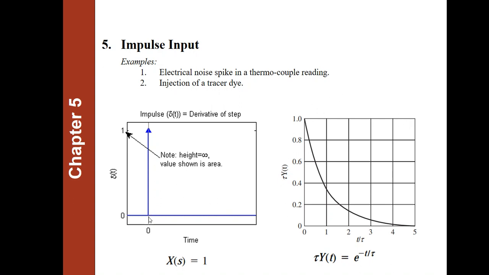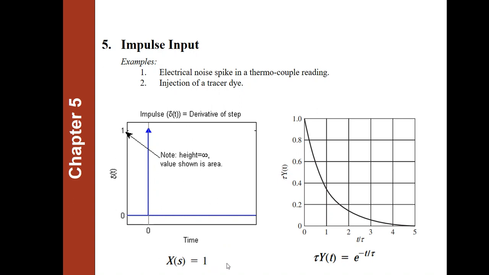Since it's something that extends infinitely upwards, the decrease in the response is really notable. It's an exponential decrease in the value of the response, because your response in this case, class, is y of t, for this particular function x of t equal to the Dirac delta function of t. So the response is e raised to negative t over tau if it's represented by an impulse function.